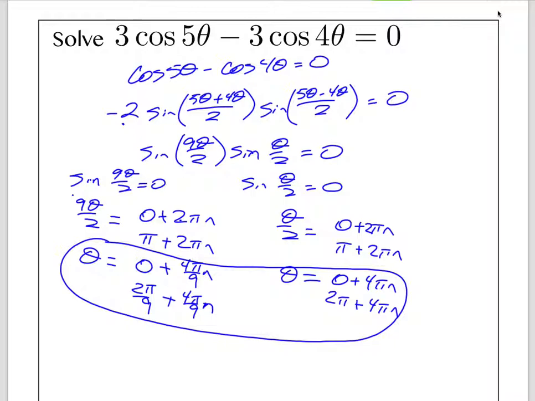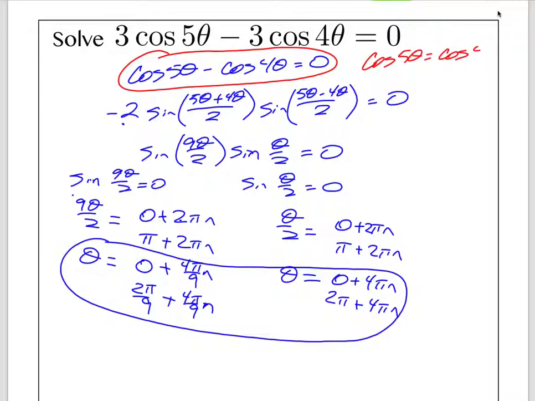So, back on what Matthew was saying, at this point right here, if I move one of them over, I get cosine of 5 theta equals cosine of 4 theta. So it should make sense that if I plug 0 in, I get cosine of 0 equals cosine of 0. That was pretty easy to see. Okay, so let's plug in 2 pi over 9.